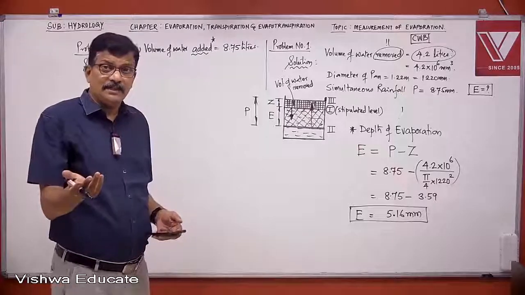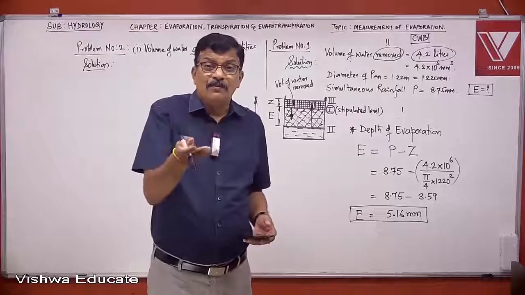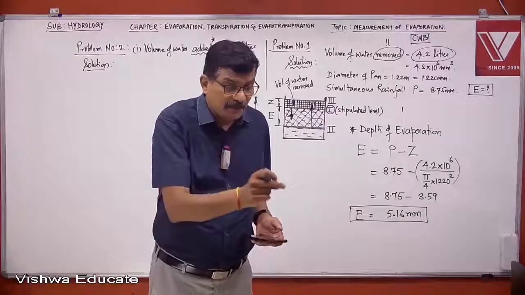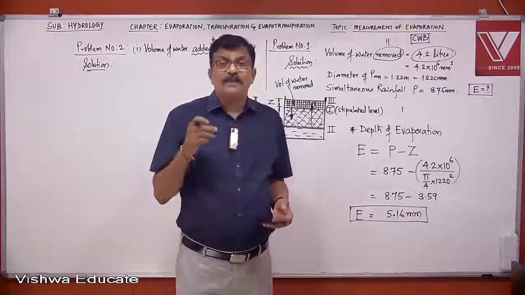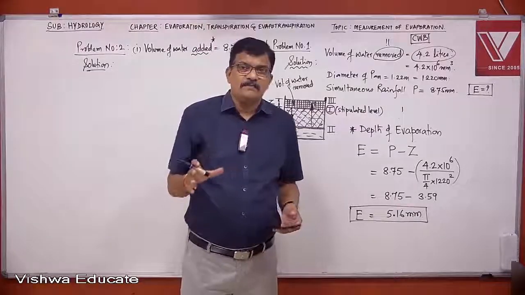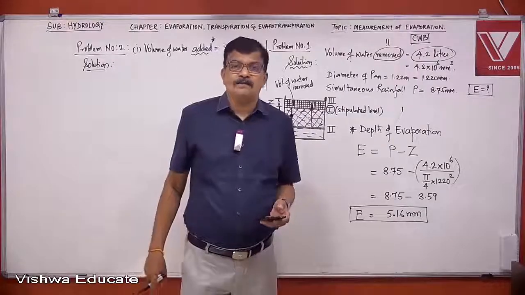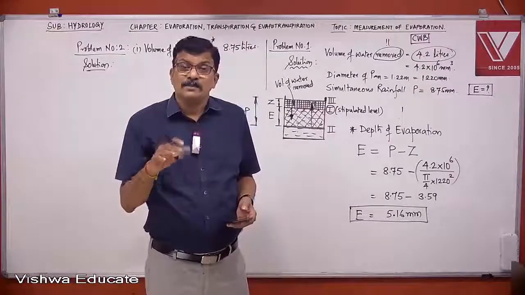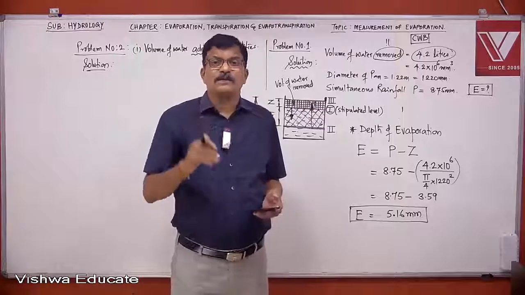Why is it added? As I said before, on the day we have to measure the evaporation, we go to the pan. Once we go to the pan, we look at the stipulated level. First, we notice whether the water is above the stipulated level or below it.